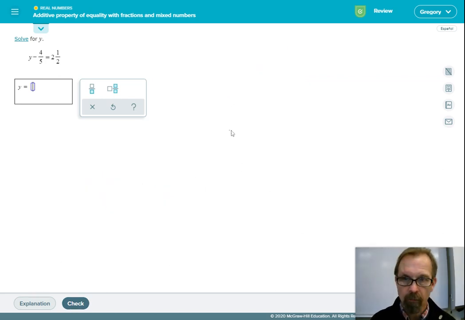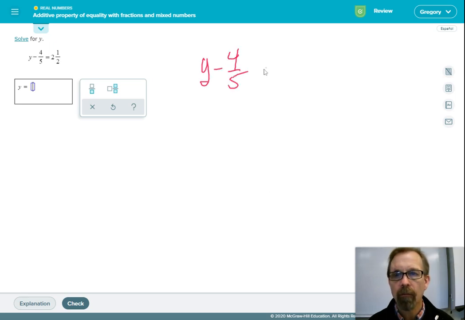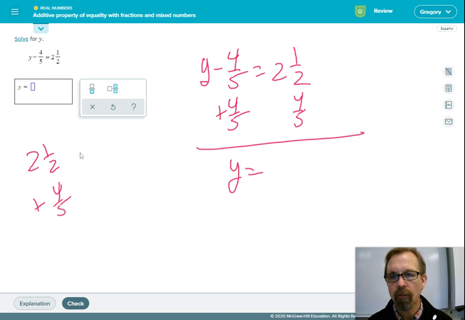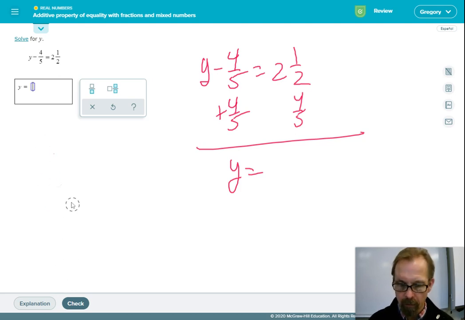So y minus 4/5 equals 2 and 1/2. So we add the 4/5 to both sides. That makes it y here, and this is 2 and 1/2 plus 4/5. So we've got to make it tenths. Wait a second, I just want to write it a little nicer, okay?